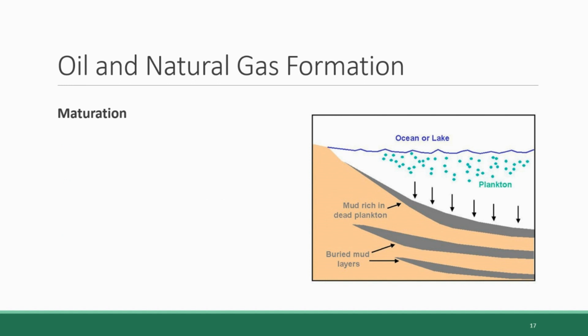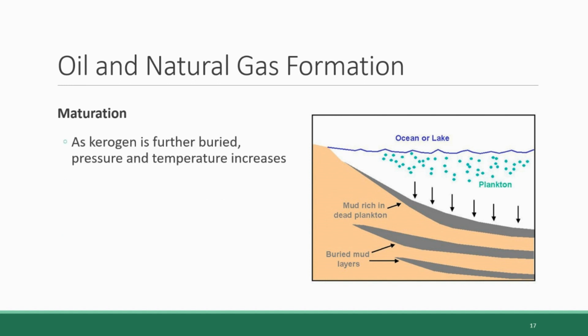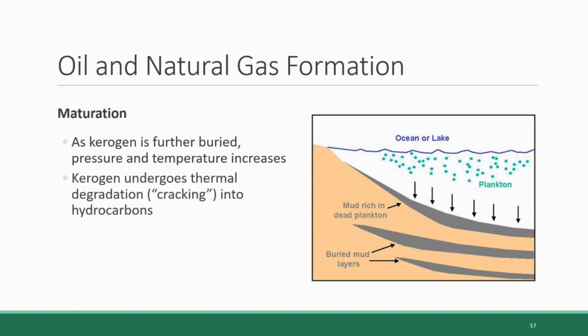And then next comes maturation. As more sediment layers build up, the kerogen gets further buried and the pressure level increases and the temperature level also increases. Under these high temperature and pressure conditions, the kerogen undergoes thermal degradation, which is also known as cracking, and this transforms it into hydrocarbons.